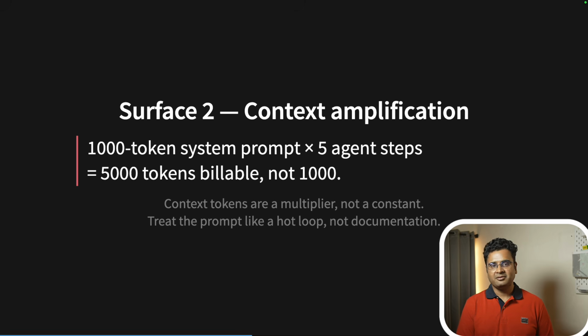So the mental model shift here is this. Context tokens are a multiplier, they're not constant. Every token in your prompt gets paid for once per every single agent step. So you have to treat it like production memory allocation. It should not be treated as documentation.